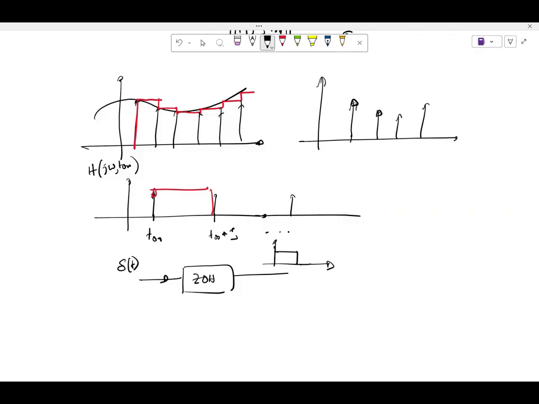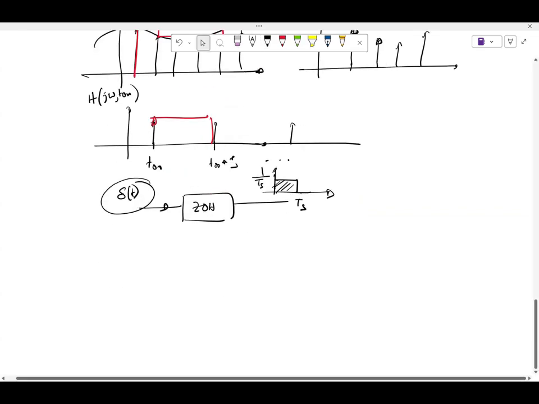Correct? Okay, fine. Another piece of detail that is necessary: if I integrate the impulse, what do I get? The value is 1, right? So in order to ensure that the power content of the input and the output remains the same, we have to ensure that the integral of this is also 1. So this also gets scaled by 1 over Ts. Okay, so this is an important scaling factor that you should keep in mind.